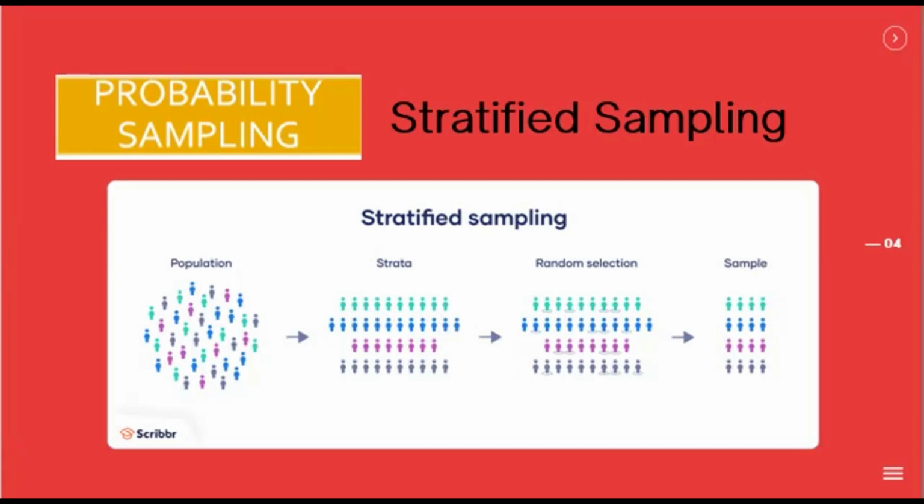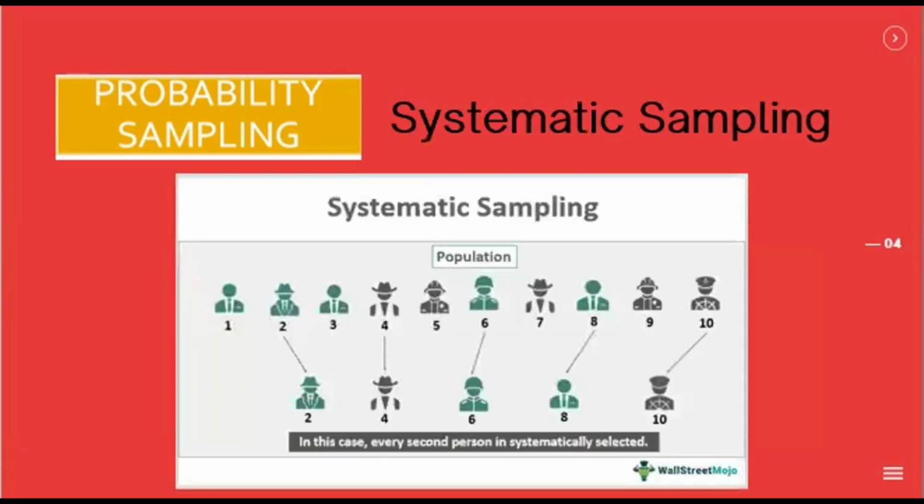So I hope that is clear with you so that we can proceed with the next one, which is the systematic sampling. When we say systematic sampling, it is a random selection and it is made of the first element for the sample.